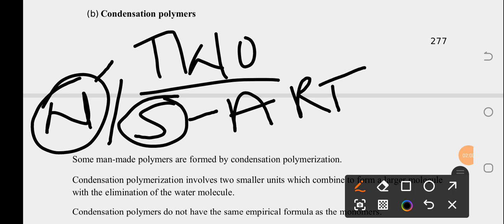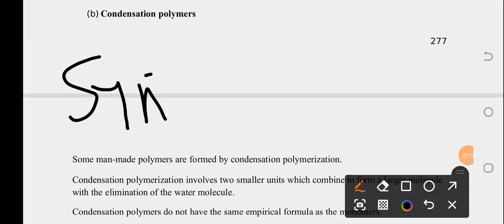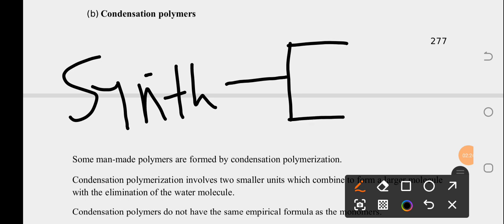Now, the polymers found in synthetic polymers have been categorized into two categories.